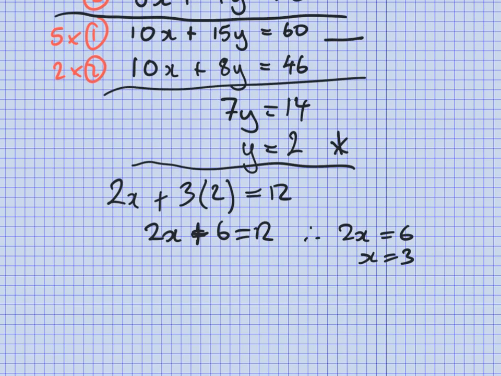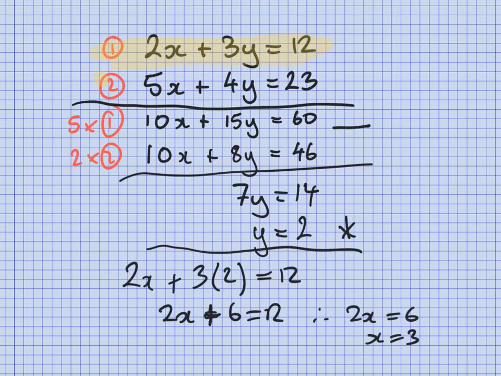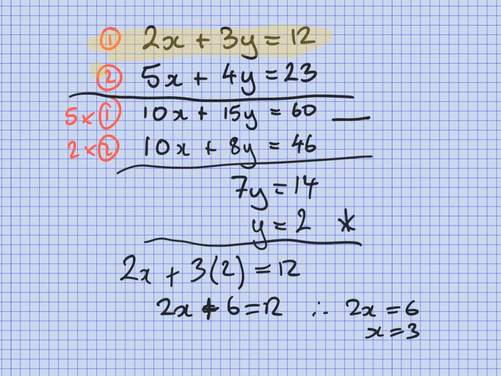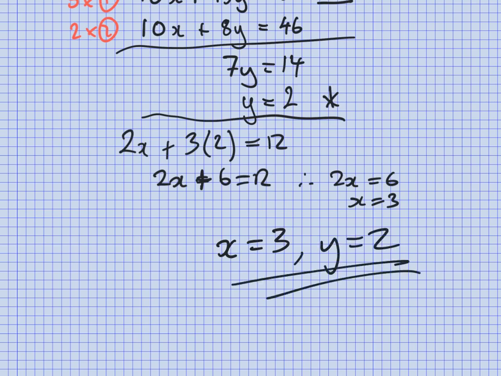We need to check that x equals 3, y equals 2 works in the other equation. So 5 times x, 5 times 3 is 15, 4 times y, 4 times 2 is 8, 8 add 15 is 23. Our answer works, so we finish by writing x equals 3, y equals 2, job's done.